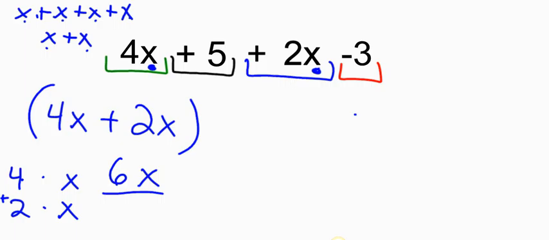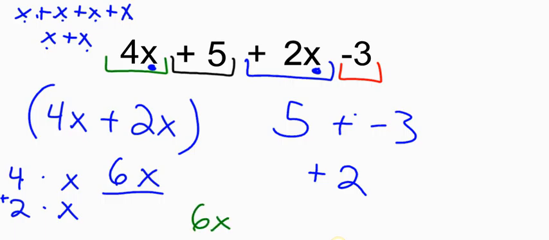So we have our positive 5, and we have plus a negative 3. We always add because we're thinking algebraically. 5 plus a negative 3 in the end is going to give us an answer of positive 2. And so in the end, our simplified expression is 6x plus 2. And I'll rewrite that. 6x plus 2.